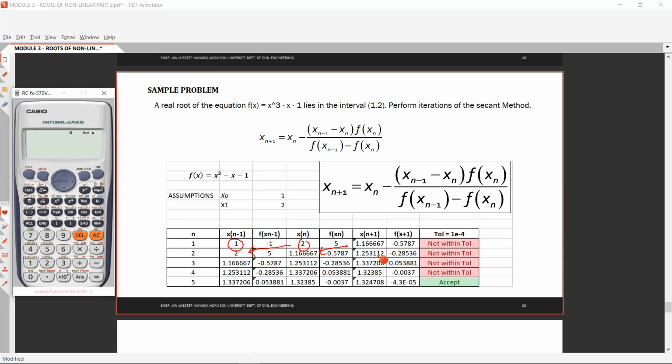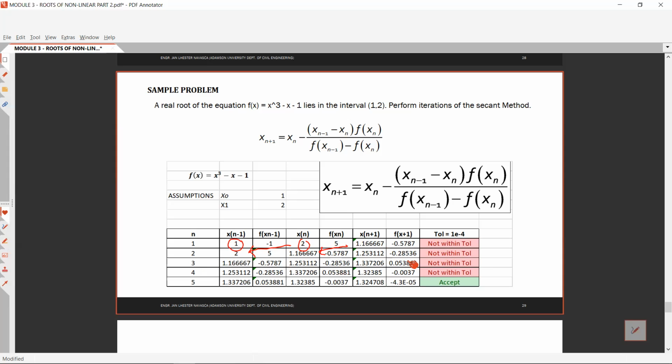So, gagawin mo ulit, ibababa mo ulit yung values dito. Okay, dito. And also this one. Okay. Also, ganun ulit dito. Yan. And also this one. Then dito, ganun ulit. Dito. And then dito. Nakuha ba yung class?